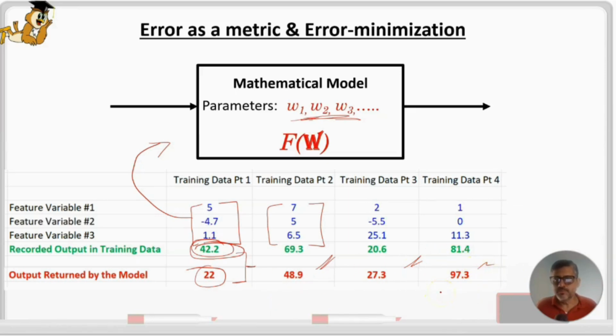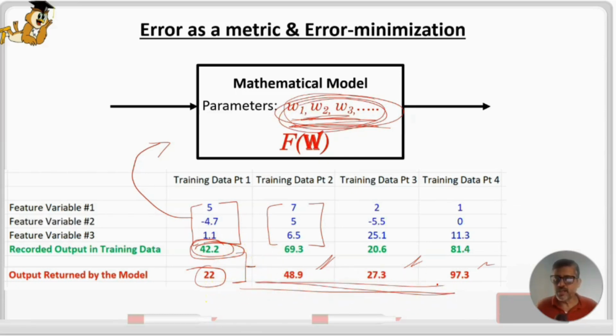And the error would differ depending upon your choice of the parameters of the mathematical model, the W1, W2, W3 and so on. Therefore the optimization problem was structured whereby you would have to select the best values of the W's so that these errors are minimized.